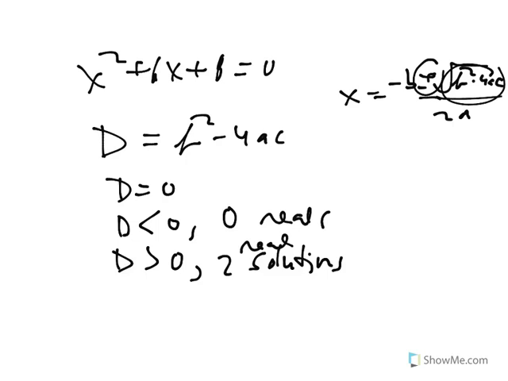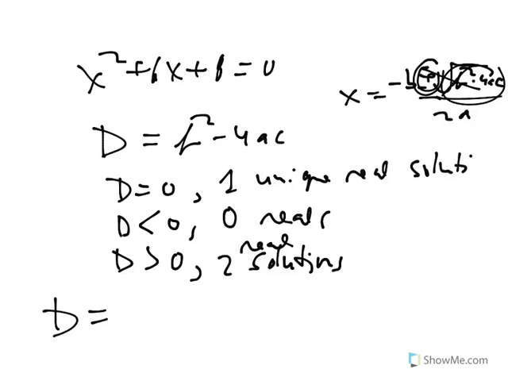And if it equals 0, in that case the plus and minus is just plus and minus 0, so it's just negative b over 2a, so we can say it's 1 unique real solution.